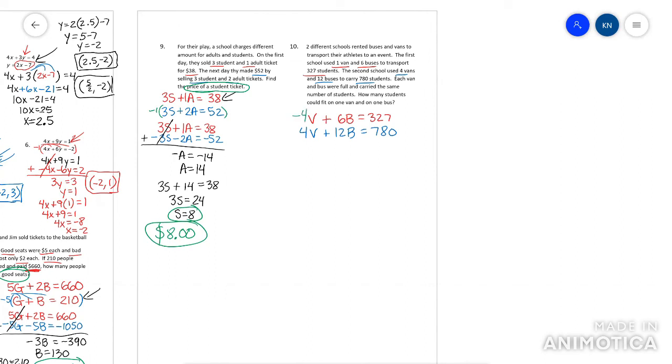So if this said negative 4, I could just add them together and cancel, right? So that's what I'm going to scale this top equation by. So it'd look like this. Negative 4v minus 24b equals negative 1308. Now the blue equation did not change.